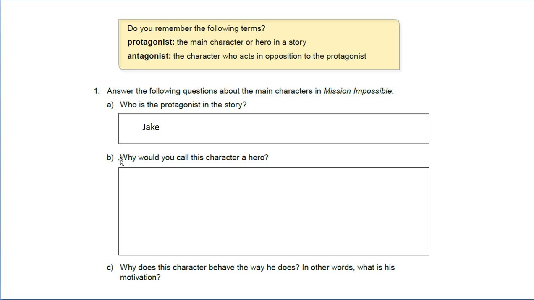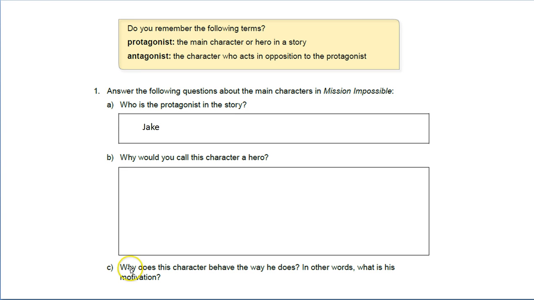A hero is probably not a word I would give to him, but definitely a caring son, somebody who cares for his family. But he is the main character, so you can write your own opinion in here about why you think he's a hero. Perhaps you think he's a hero because he saved the kids' holidays by letting them have fun. It's up to you. Write that in the box under B.